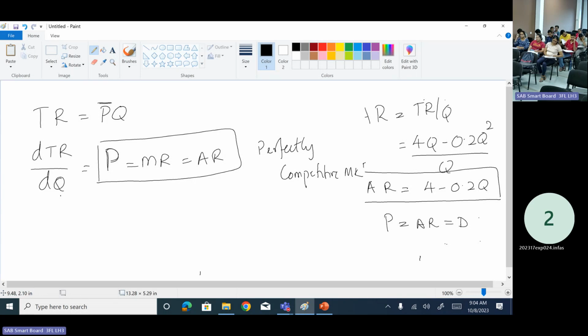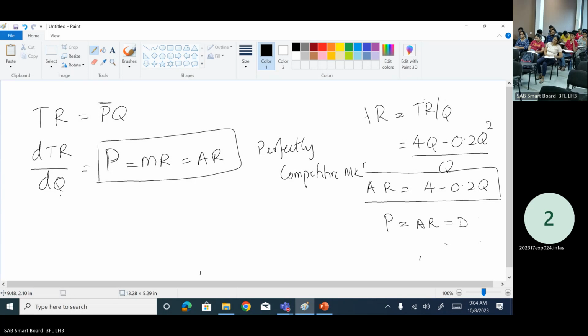In such a market situation, the firm faces a horizontal demand curve. Because price is fixed, quantity can be varying. The firm can supply any quantity depending on the market price, and that will equal the average revenue, and the demand curve is the same.